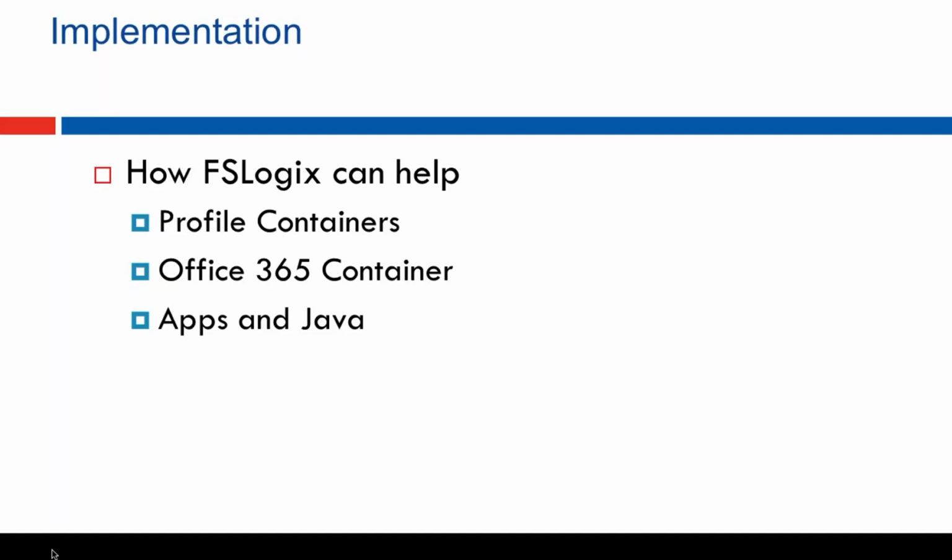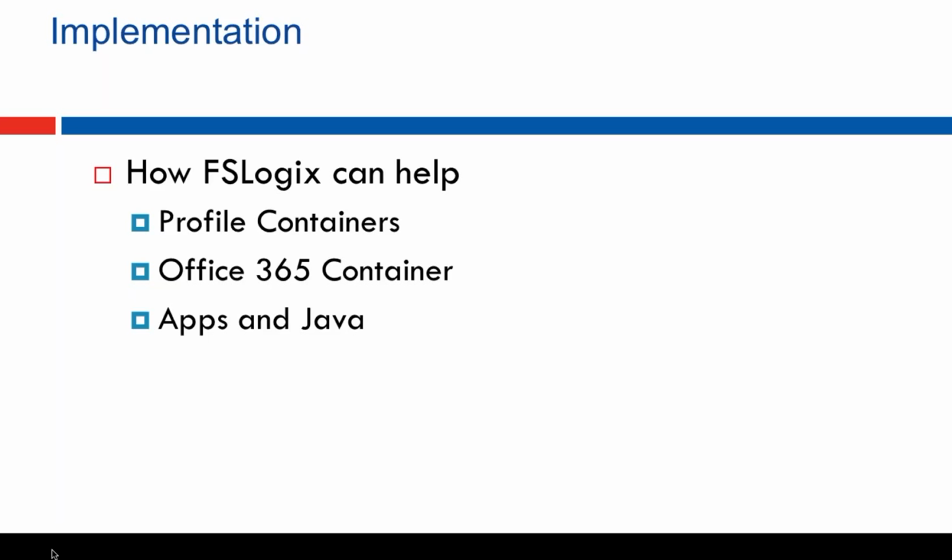And then we've got our Office 365 container. This one has been generating a lot of buzz in the industry for us, and that's basically being able to intercept the AppData Local Microsoft Outlook folder. And by intercepting that, the contents of that Outlook folder are now encapsulated within a VHD.